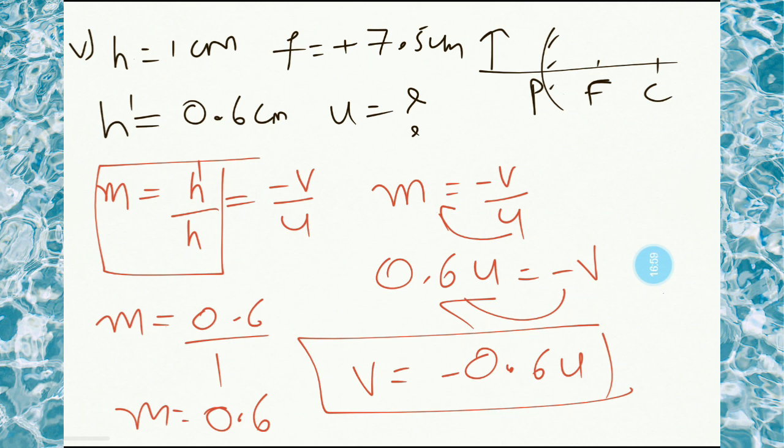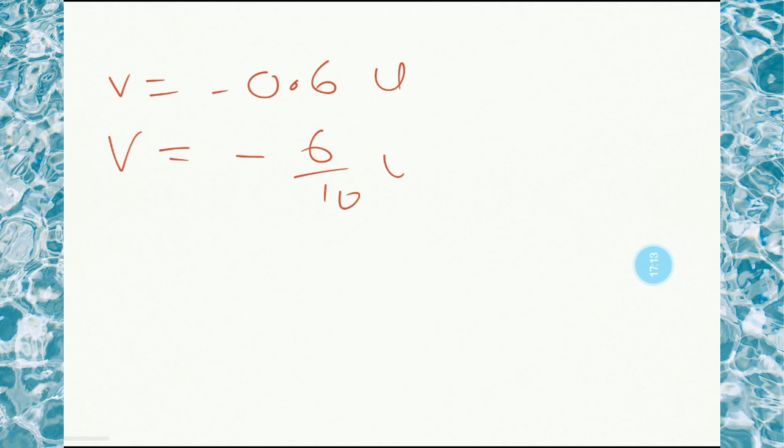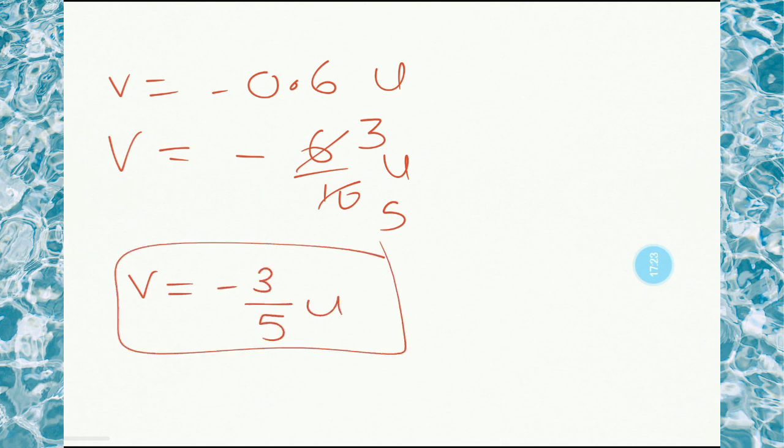So I'll try to make this into fractional form. v is equal to minus 0.6 u, I can write this as 6 by 10 u. Am I right? Now I can cancel this out with 2 table. So v is equal to minus 3 by 5 u. I can just use this value, because this will be simple for my calculation.